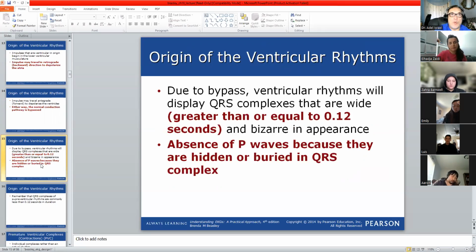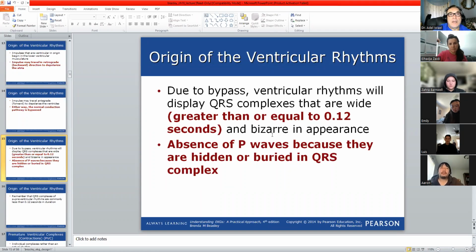If it is equal to or greater than 0.12, this means a warning sign that there is something wrong with the ventricle. And the P waves are absent because they are hidden or blurred with the QRS. The QRS is getting wide, and this wide QRS is also accompanied by the word bizarre. You see this word? Bizarre.